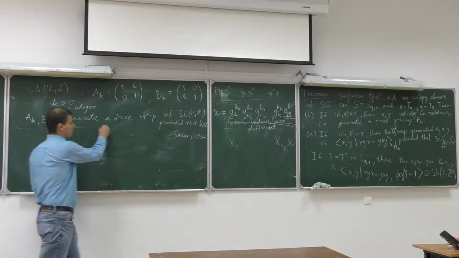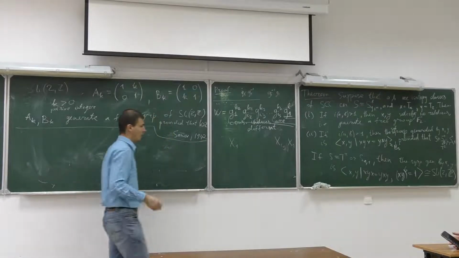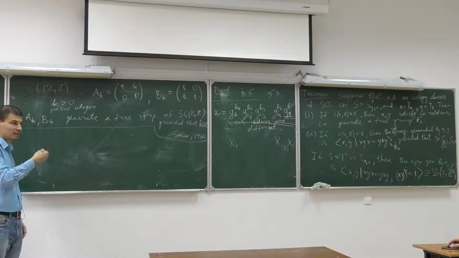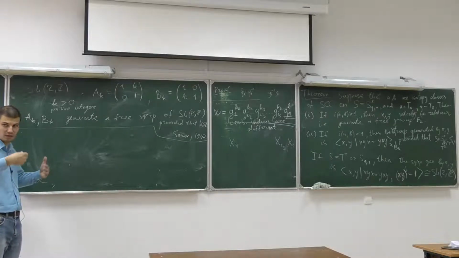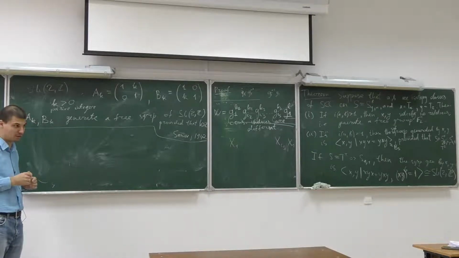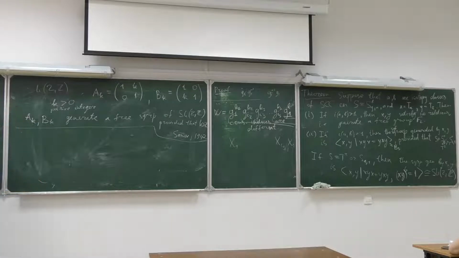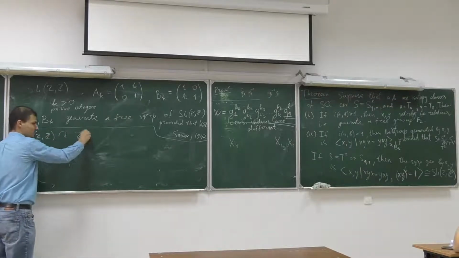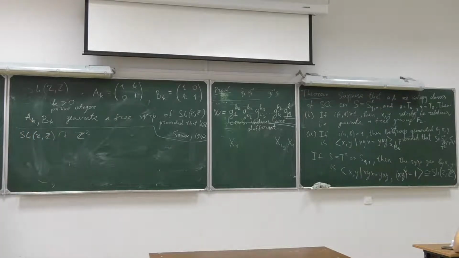Okay, how to prove this? I would like to prove this since this gives us a very nice idea. Almost the same proof can be extended to the case of a mapping class group. Well, the group SL2Z acts naturally, it has the most natural action on Z squared, on pairs of integers.